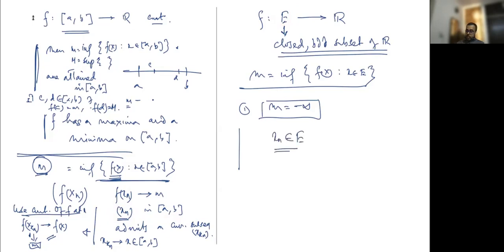So if all the terms are from this set E, which is closed, and for this part, what is important is that it is bounded, then xn is bounded.